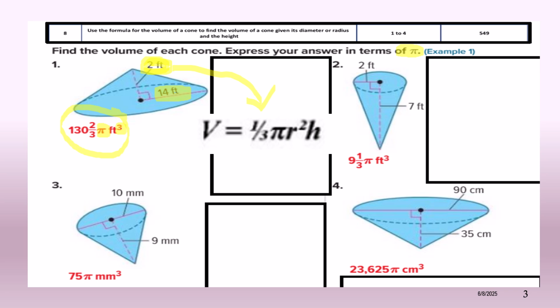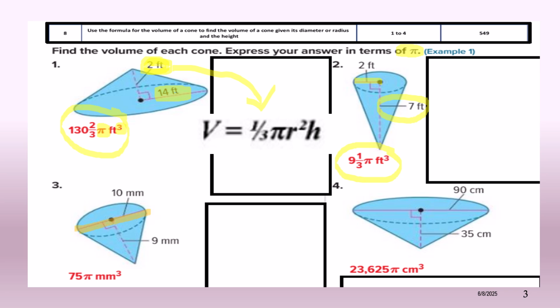Number 2 is equally the same. This is your radius. 2 is your radius. 7 is your height. And this should be your answer. Going to number 3, which is slightly different. Because if you notice, you have the diameter.